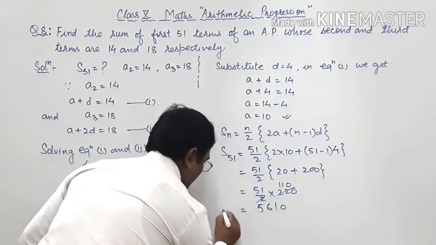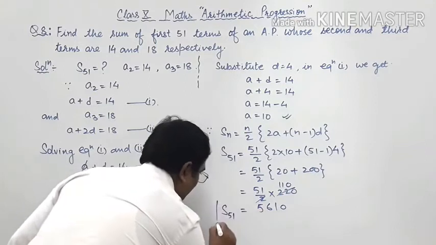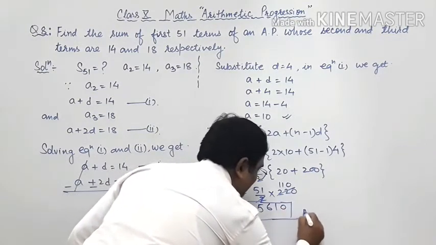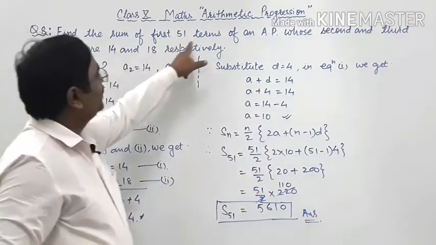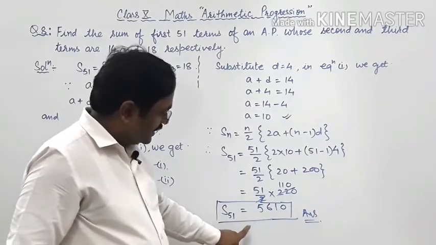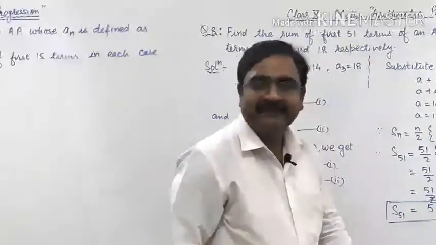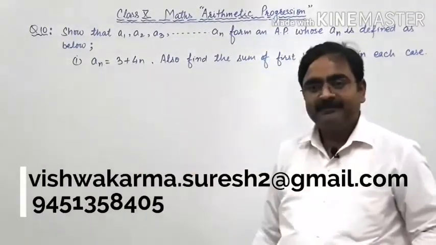So our answer is S51 is equal to 5610. This is our required answer, meaning the sum of the first 51 terms is 5610.